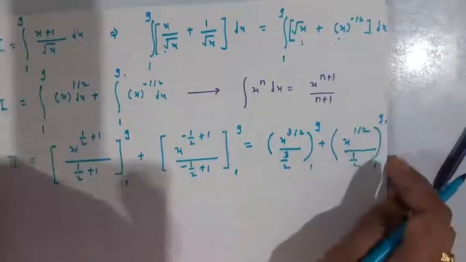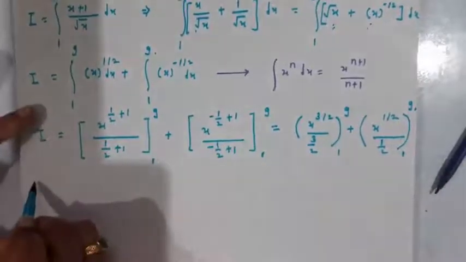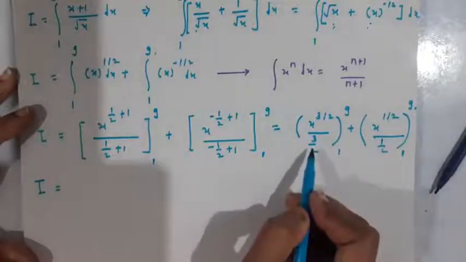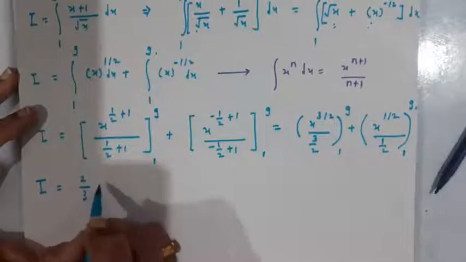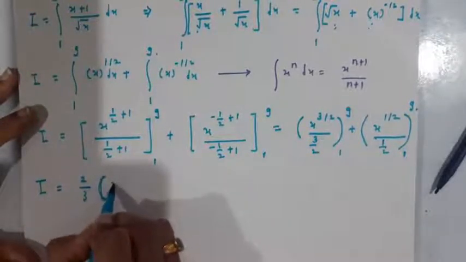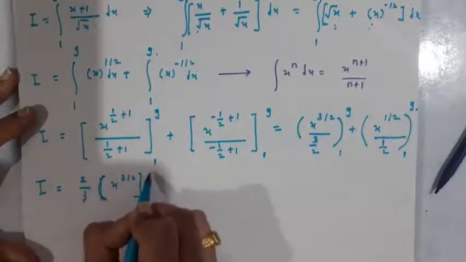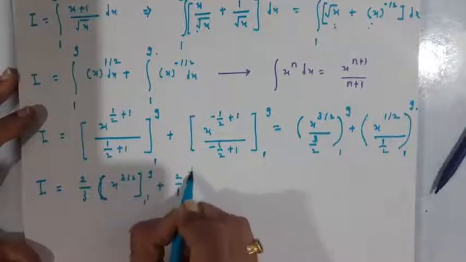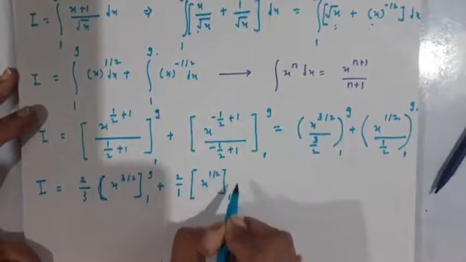Remember that in case of definite integration there is no constant of integration, and therefore integration I equals this. 3 by 2 we can write as 2 by 3, x raised to 3 by 2, limits 1 to 9, plus 2 by 1, limits 1 to 9.